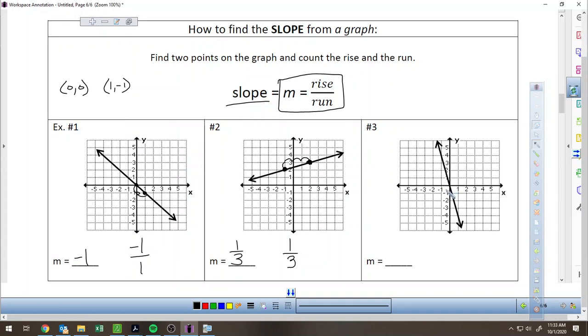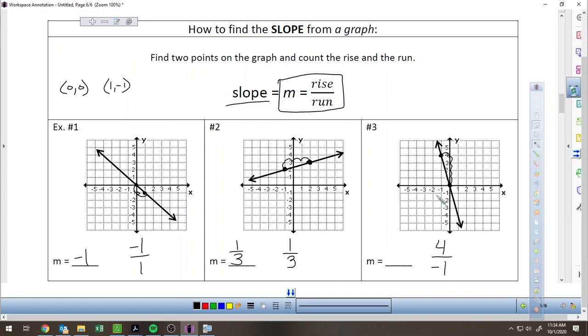So this last one here. I always try to look, it looks like 0, 0 is a perfect spot, right? Where's another one? Negative 1, 4. You could have also chosen 1, negative 4, right? There's one down here. Either way is okay. So I go up how many? Up 4. 1 left, so what does that represent with a number?